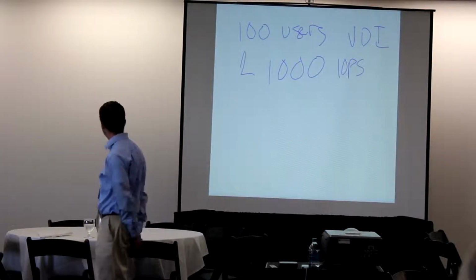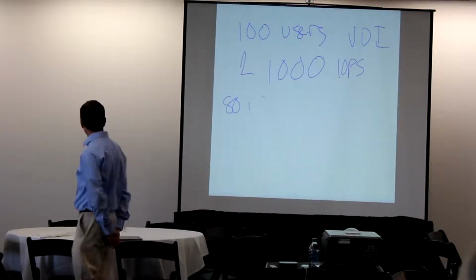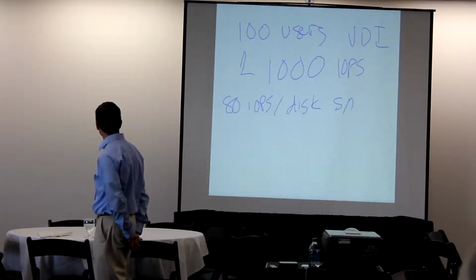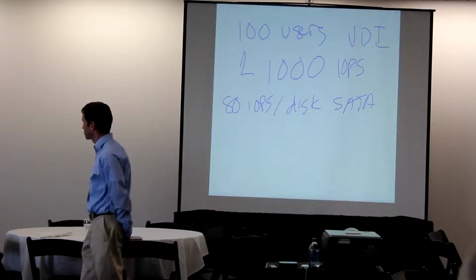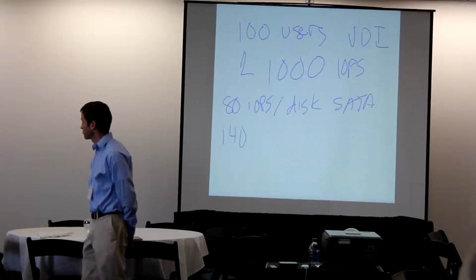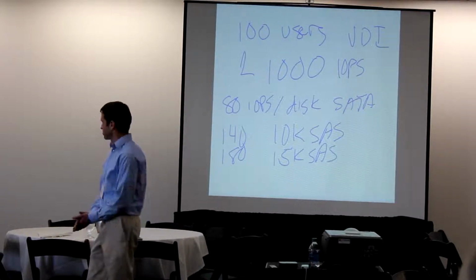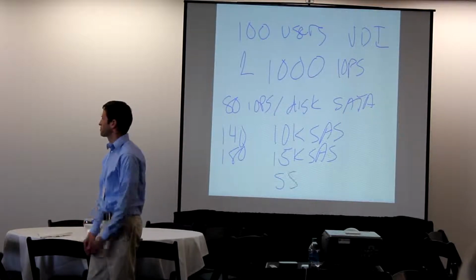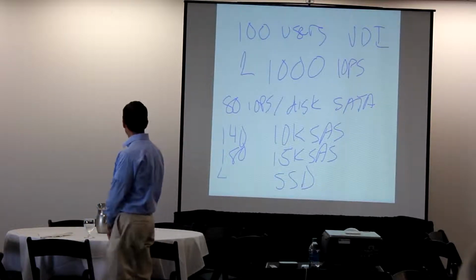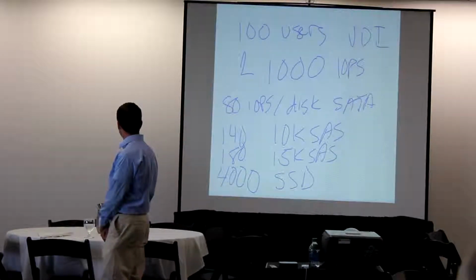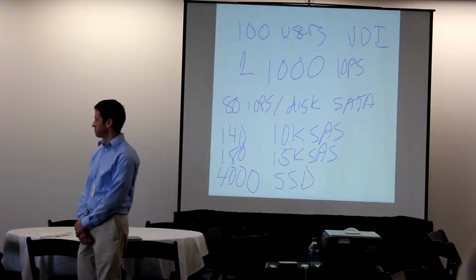Well, if you've got 80 IOPS per disk for SATA, you can get 140 of 10K SAS, but 180 of 15K SAS. SSDs, which are popular, you can get a lot more IOPS on the solid state drive than you could out of the spinning drive.